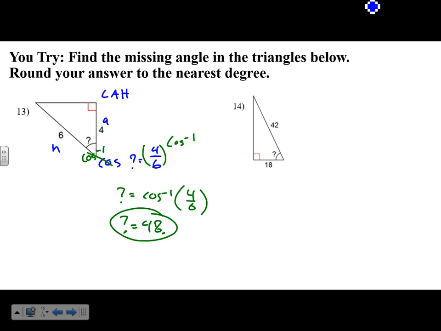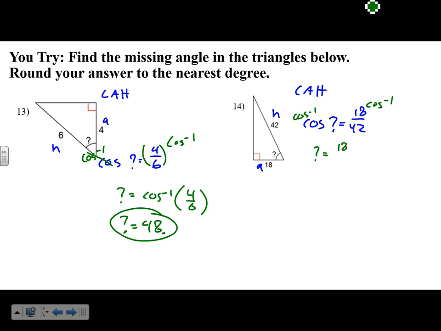This one, I'm just making sure that's right. This is the adjacent, again, the adjacent and the hypotenuse. So again, this is TOA. So the cosine of question mark is equal to the adjacent, 18, over the hypotenuse of 42. So the inverse cosine.